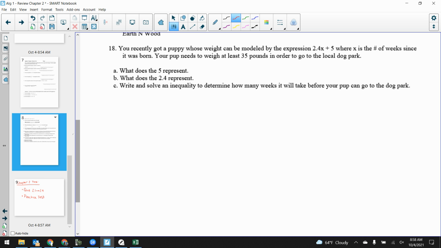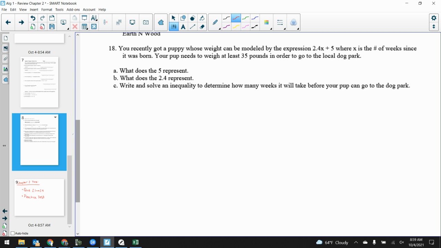Okay, so that expression is equivalent to the final weight of the puppy after x weeks. So after 3 weeks, if I plug in 3 into that equation, I'm going to be able to get the weight. After 5 weeks, I plug in 5 for x, and that's what I get. 10 weeks, 12 weeks, whatever. Your pup needs to weigh at least 35 pounds in order to go to the local dog park.